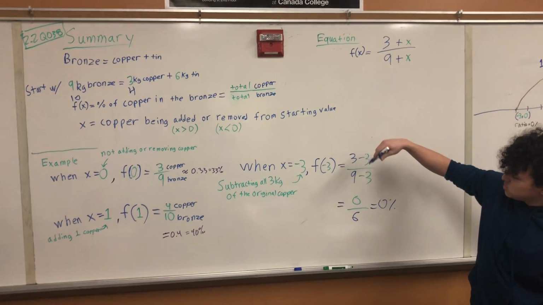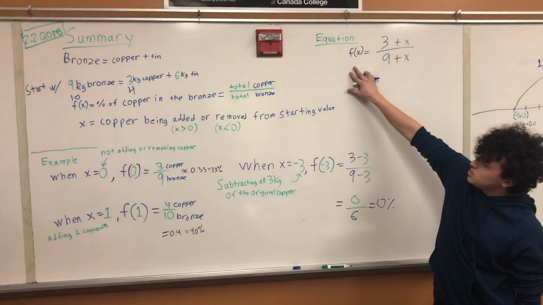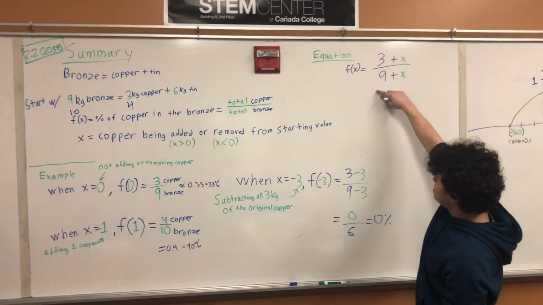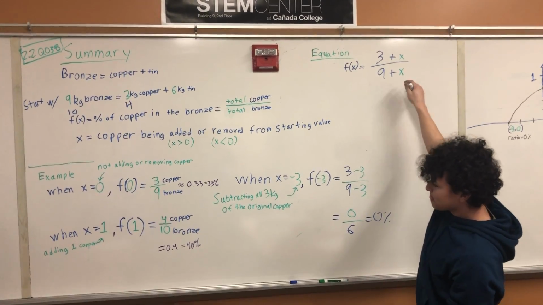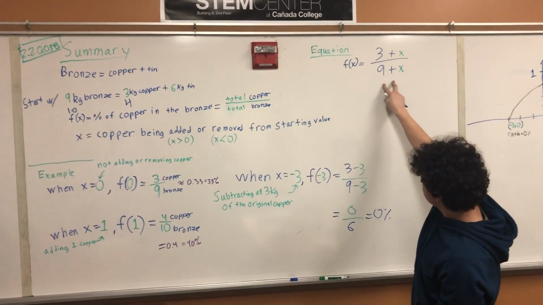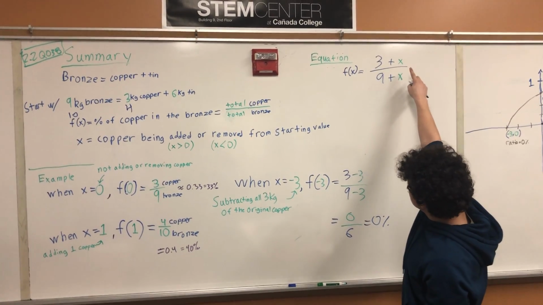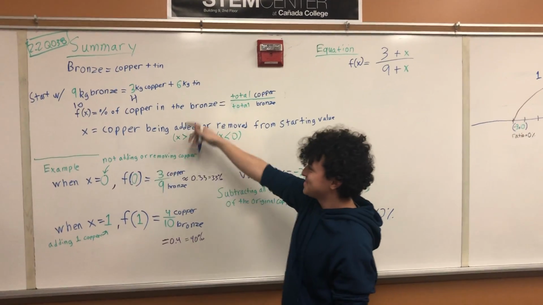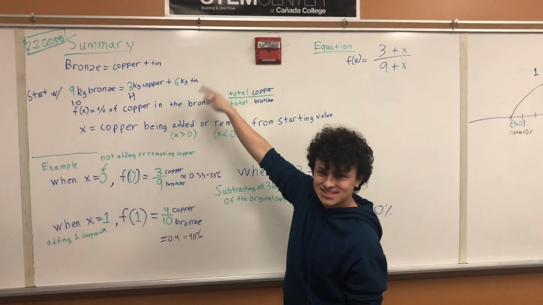So this relationship can be shown with the equation f of x equals (3 plus x) over (9 plus x), because when you add, like I said before, 1 copper, it changes the whole thing.